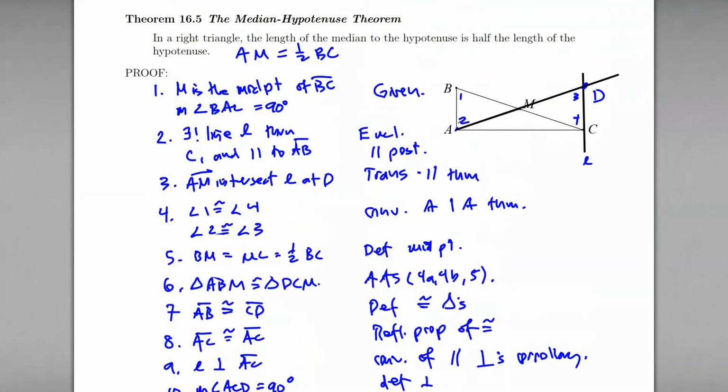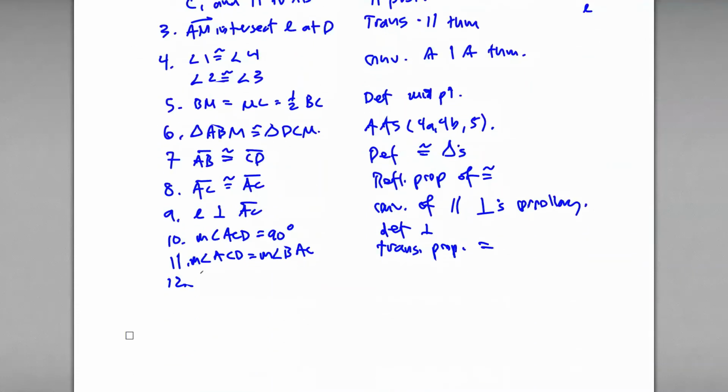So side-angle-side. Triangle BAC is congruent to triangle DCA by side-angle-side, 7, 11, 8.